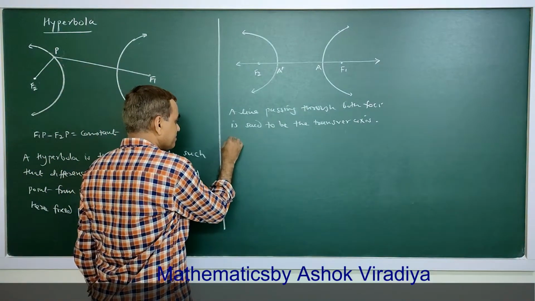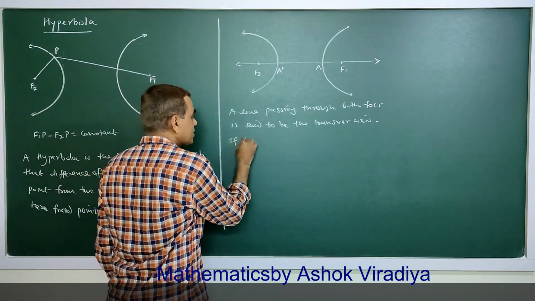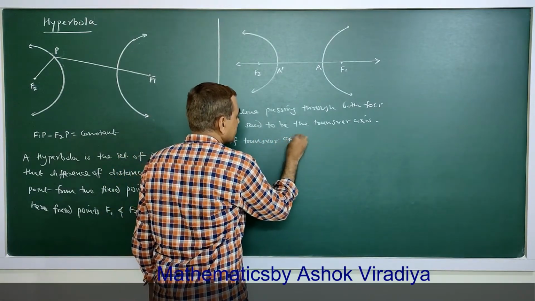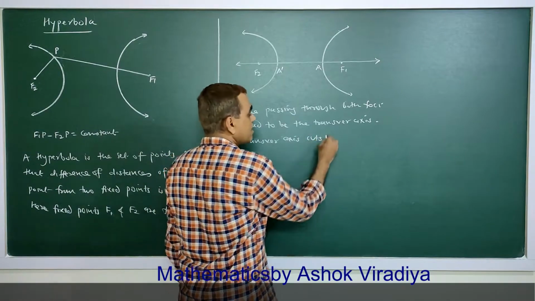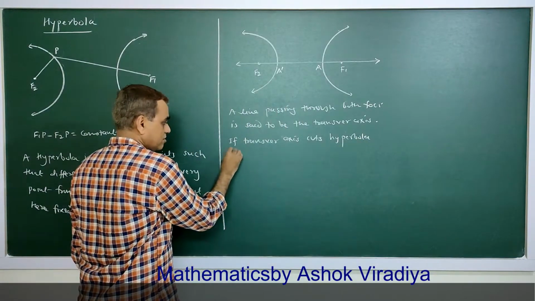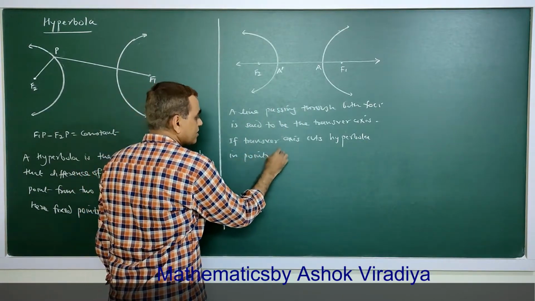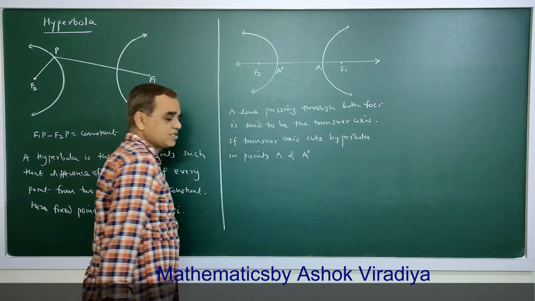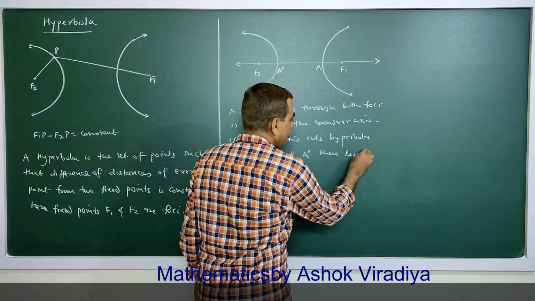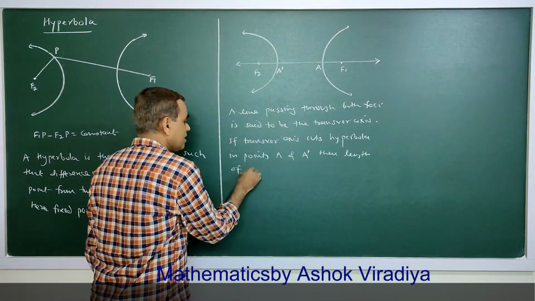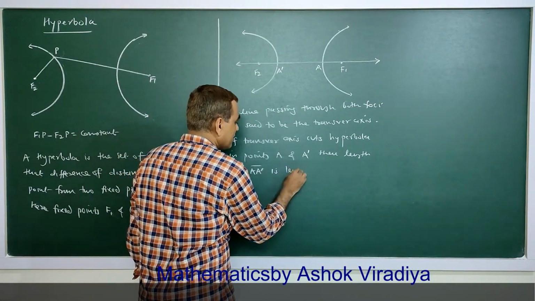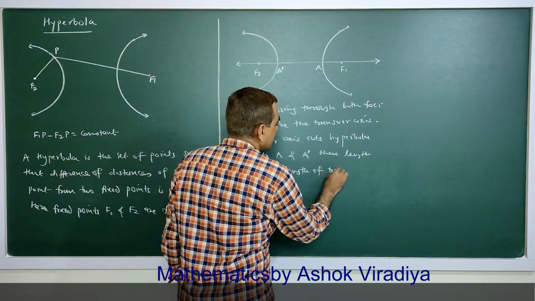So if the transverse axis cuts the hyperbola in points A and A dash, then the length of line segment A A dash is the length of the transverse axis.